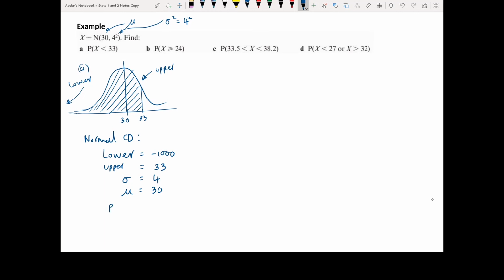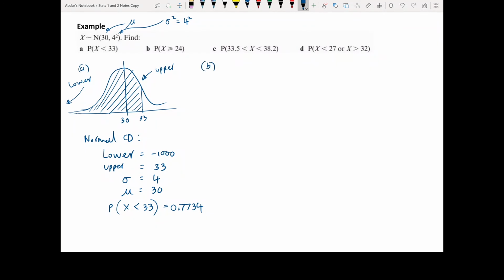And it says here that the probability of x less than 33 comes out to be 0.773424 decimal places. So that's the probability of x being less than 33.